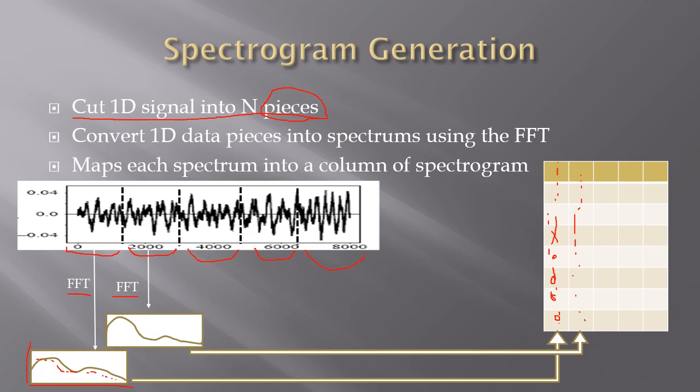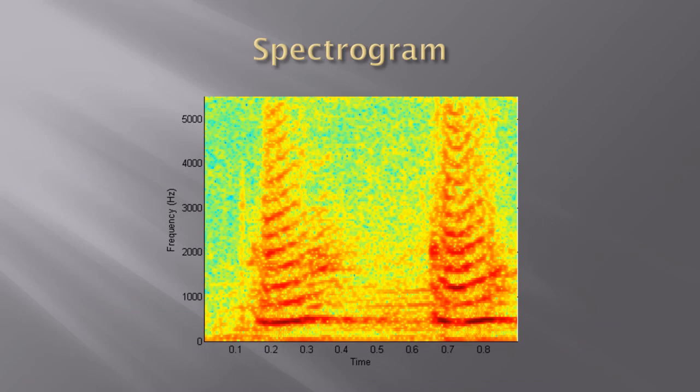Okay, and so on. So then at the end, we will have the spectrogram. Now, I will show you the example of a spectrogram here. This is an example of spectrogram.